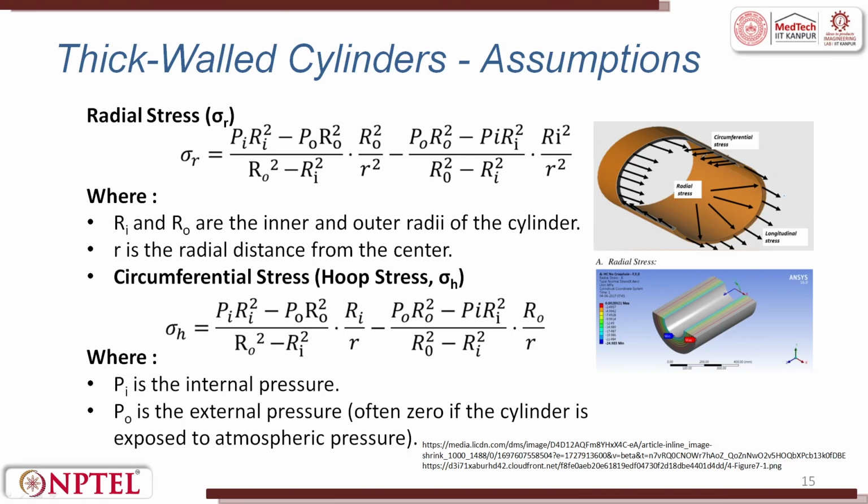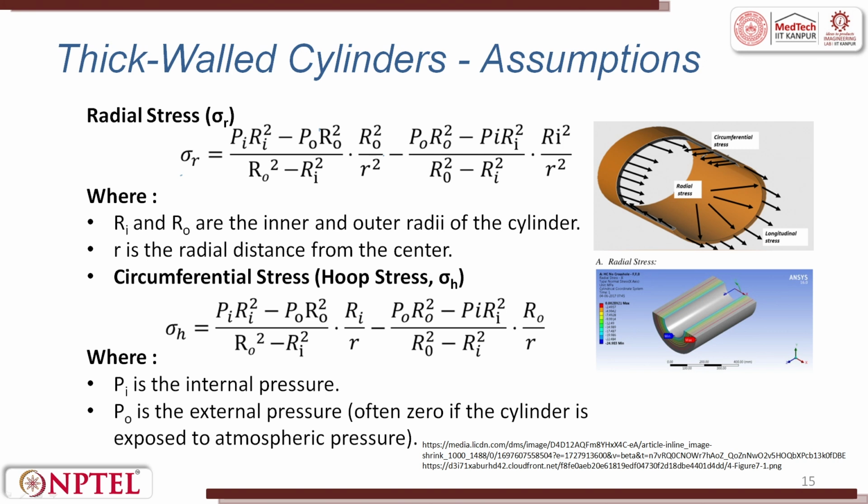So, the radial stress which is getting formed in the thick wall cylinders is sigma r is equal to Pi Ri squared, Pi is internal, Ri is again internal radius, minus P naught into R naught square, P naught is outside, R naught is outside, divided by R naught square minus Ri square, into R naught square by R square.